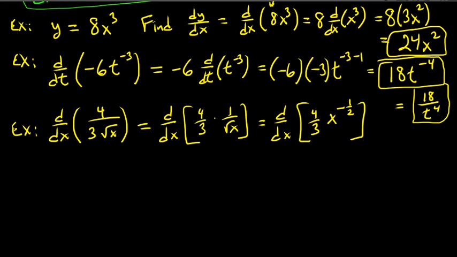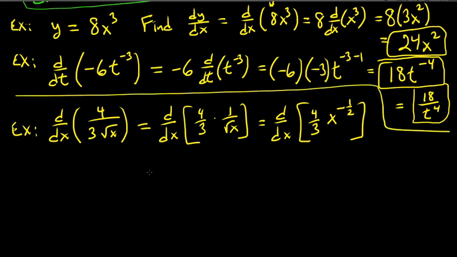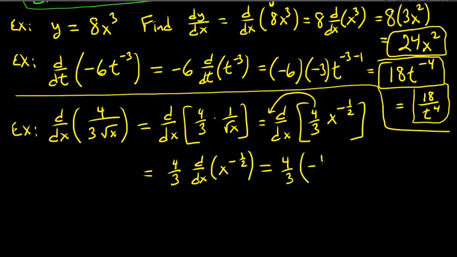Okay, so I know I'm getting a little bit cluttered here. Let me see if I can do this down here now. So, okay, so the 4 over 3, that's the constant. That can come in front. And now we just take the derivative of x to the negative 1/2. So we bring the negative 1/2 in front, and then we decrease the exponent by 1.